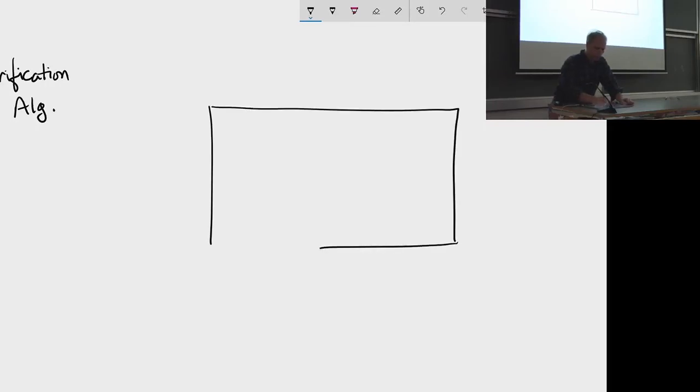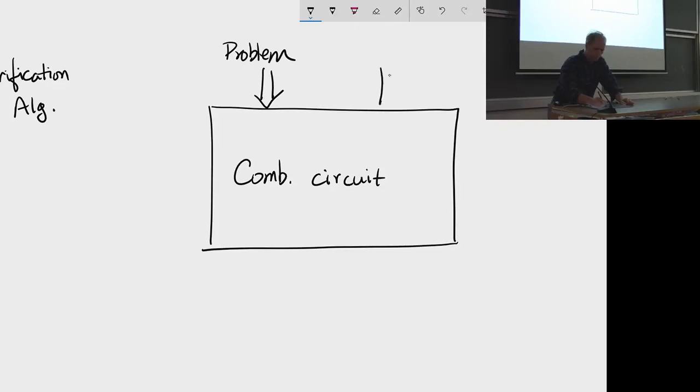Okay, so we have our verification algorithm, and we compile it into a gigantic combinatorial circuit. It has the property that we feed it at the top a problem instance and a proposed solution, and out the bottom comes a single bit that tells you, is the solution correct?